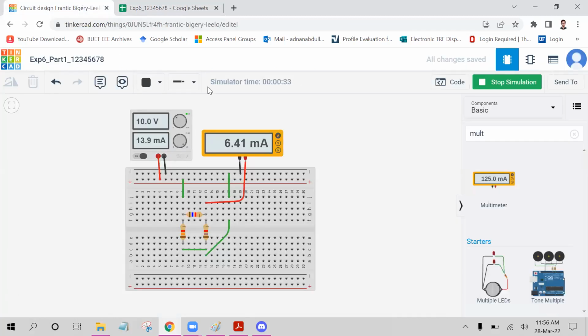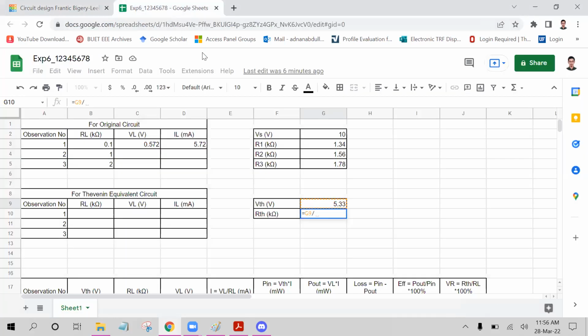What was my current? 6.41 milliampere. You should put the current in milliampere unit so that the resistance is calculated in kilo ohms. You do not need to convert the milliampere into ampere.